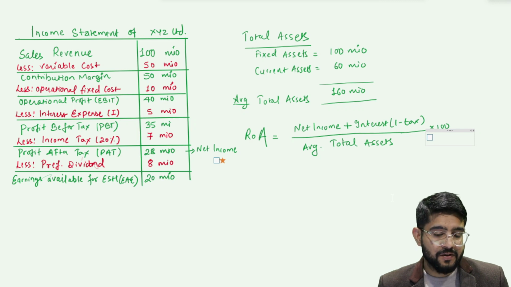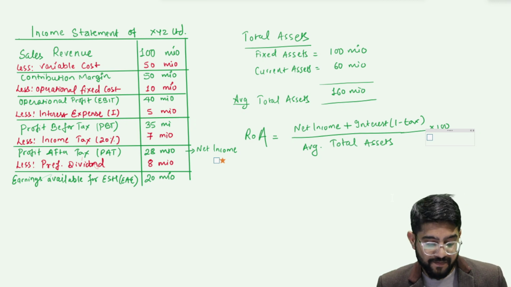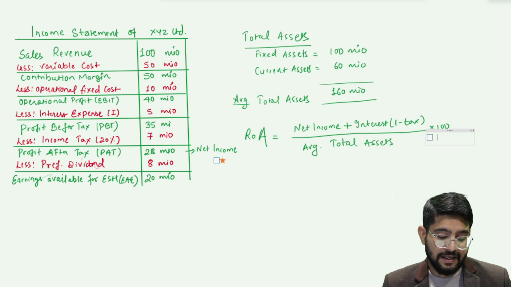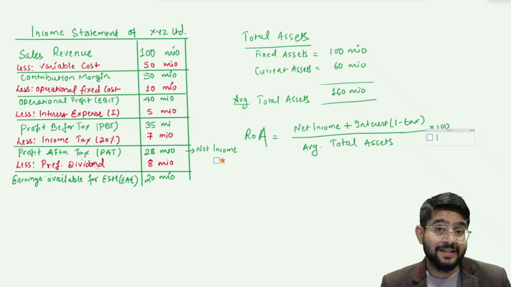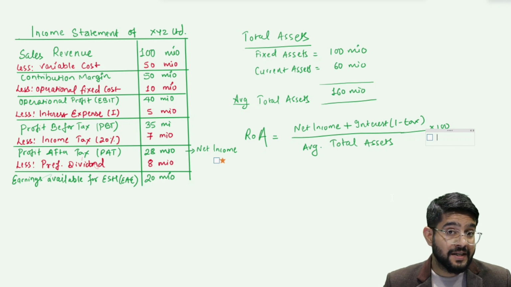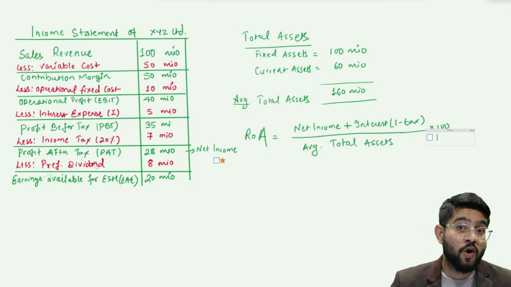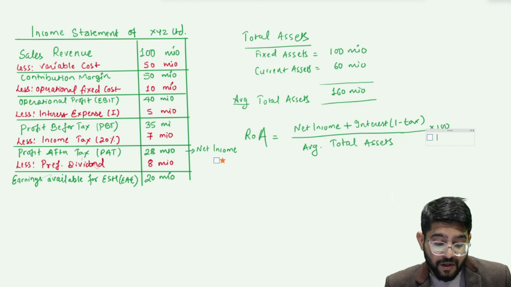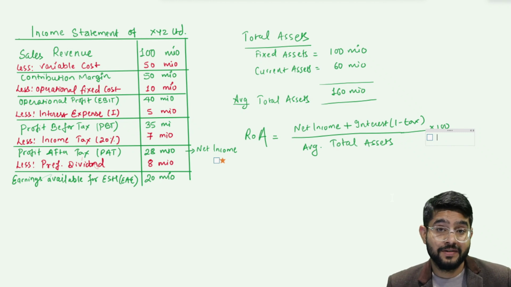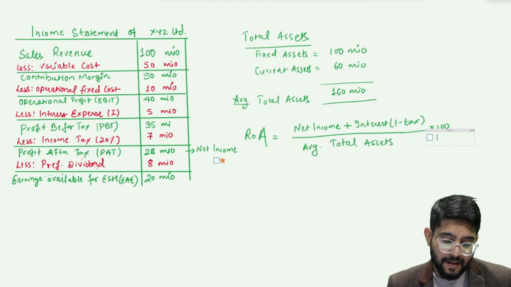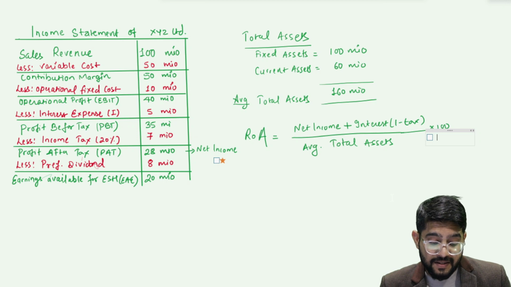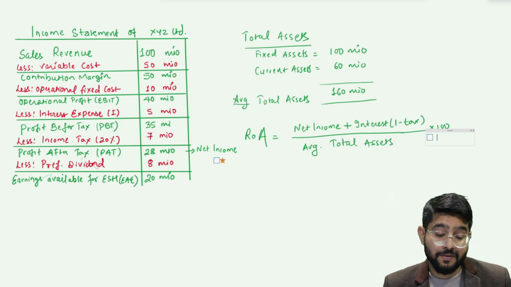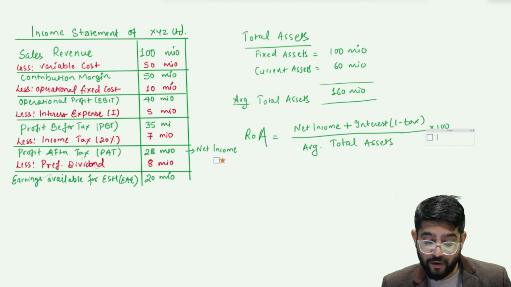After deducting variable cost we get a contribution margin of 50 million, and out of this we have to deduct the operational fixed cost, which includes rent or salary etc., and that would be 10 million. After deducting operating fixed cost, we get the operating profit of the organization, which is also known as earnings before interest and tax. Then I have deducted the interest expense of 5 million, and after deducting the interest expense we've got the profit before tax of 35 million.